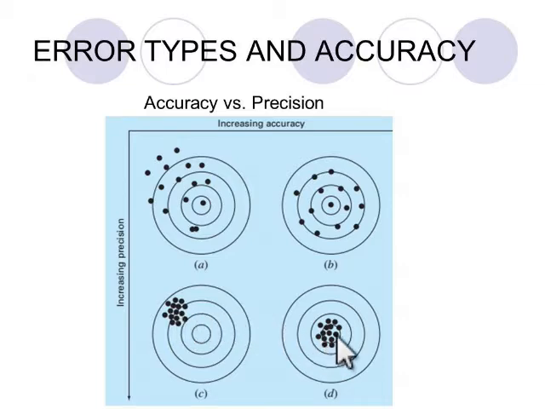Better is that the scatter, the area of the points, is very small, and also it is very close to the mean, and very close to the objective or target point. So this is what we desire in measurements or in computations generally. We want high accuracy and high precision, and in fact this is the difference between accuracy and precision.